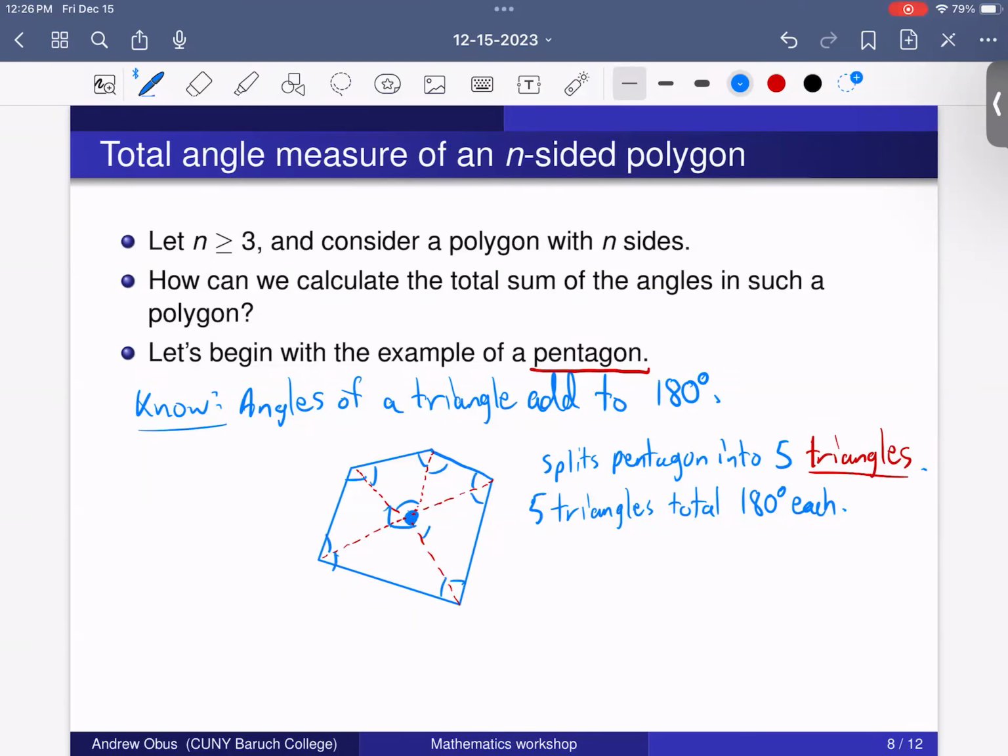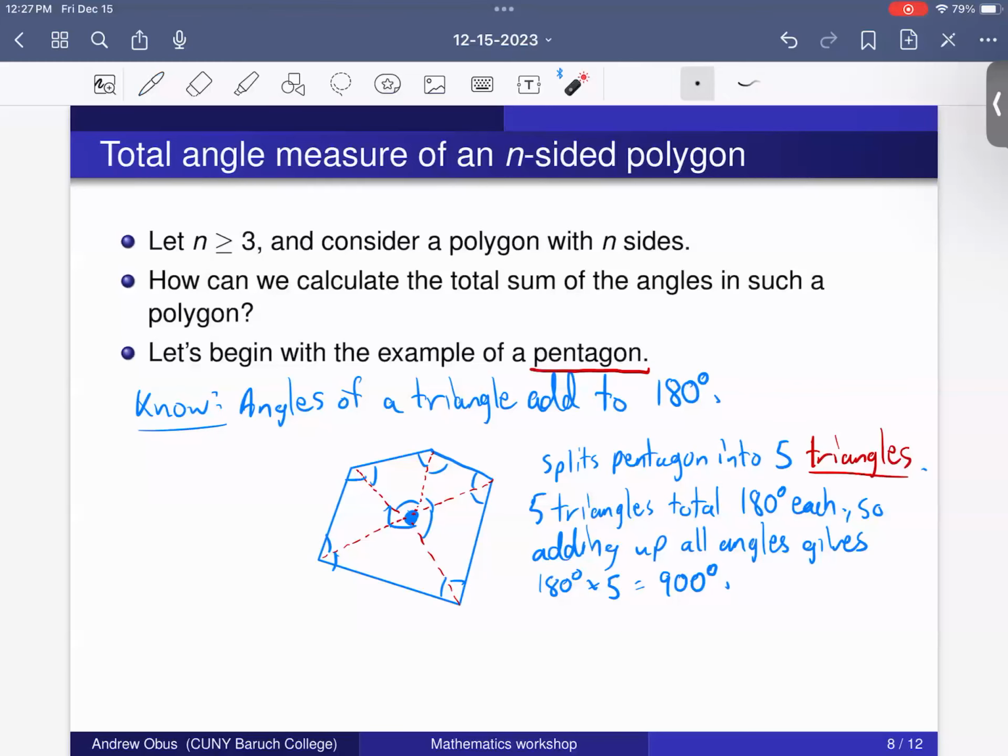Boom, boom, boom, boom. Adding up all of the angles gives 180 degrees times 5, which is going to be 900 degrees. Okay. So you split the pentagon into 5 triangles. That's going to give us 900 degrees.